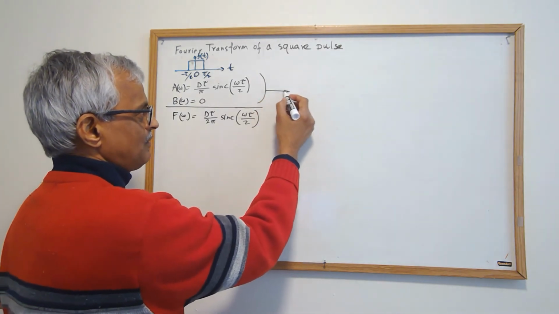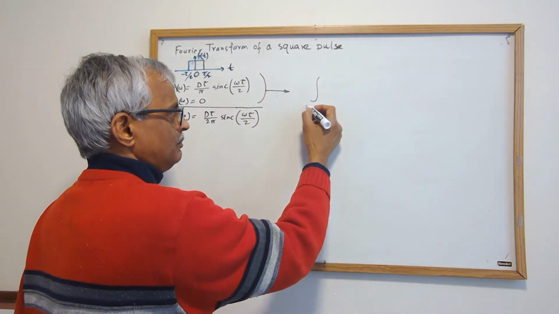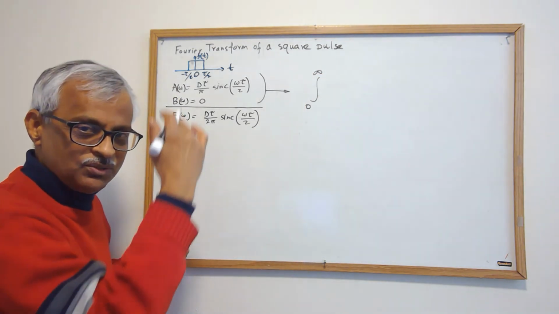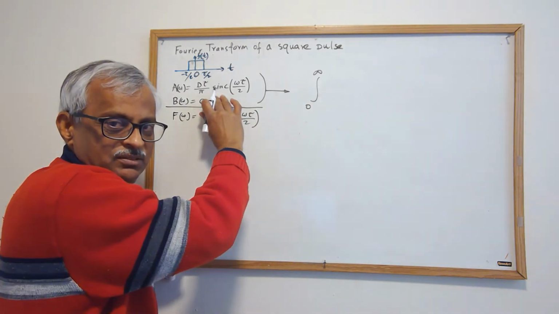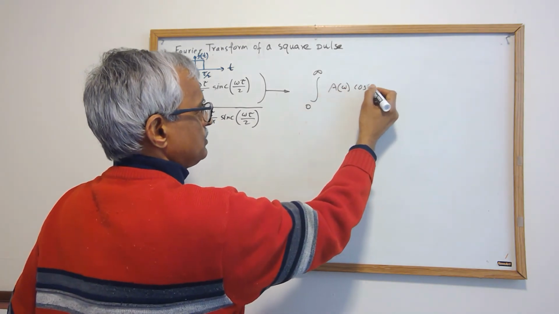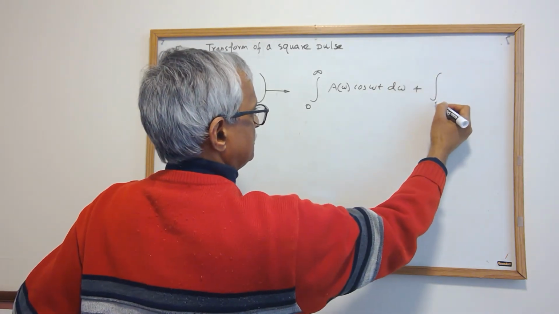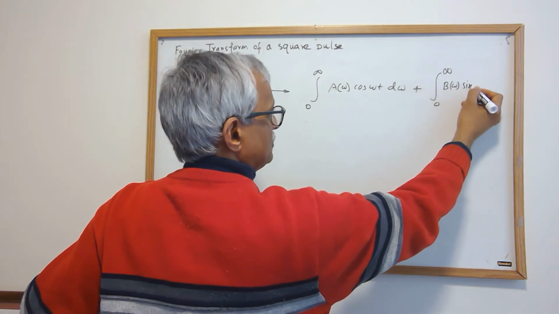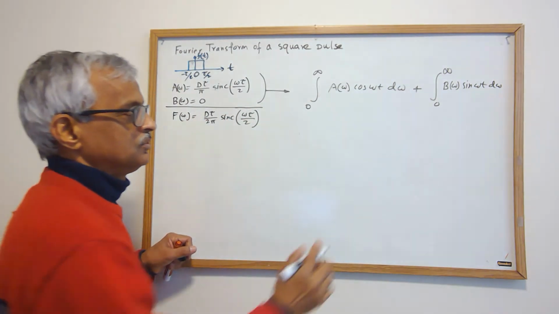From here, if I do this from 0 to infinity, not from minus infinity, because that's what this was defined as. So if I do a omega cosine omega t d omega, plus from 0 to infinity again b omega sine omega t d omega, this will give me f of t. So this is 0.